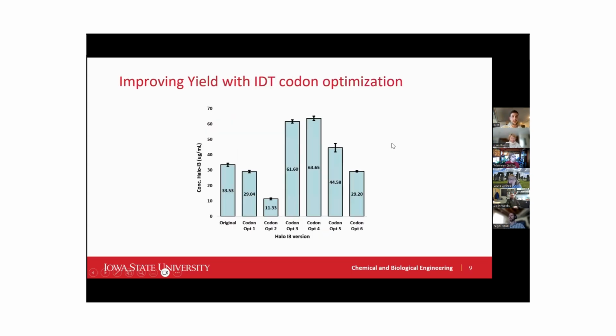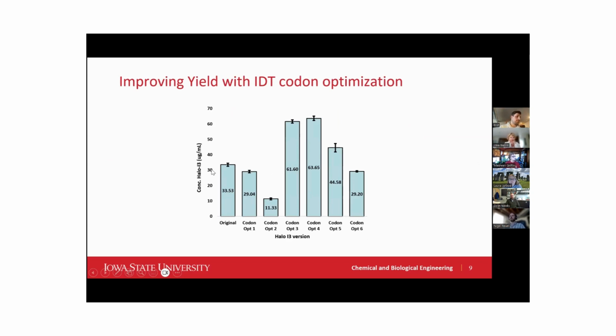Because of this, one thing I've been working on is trying to improve the yield of my cell-free expression. One thing I've done that provided the greatest increase in my yield was just doing codon optimization. The way I tested this was I took the nanobody sequence that I'd been working with and ran it through the IDT codon optimization tool several times.